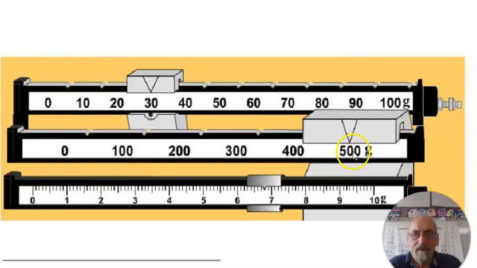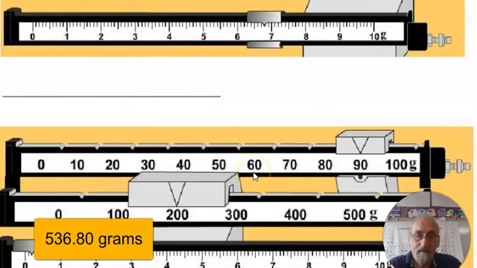So here we would look at it as 536, that's 567, and it is pretty much exactly on the 8. So that would be 80. So the weight is 536.80 grams. And that's how you get to the 100th place. Let's try another one.